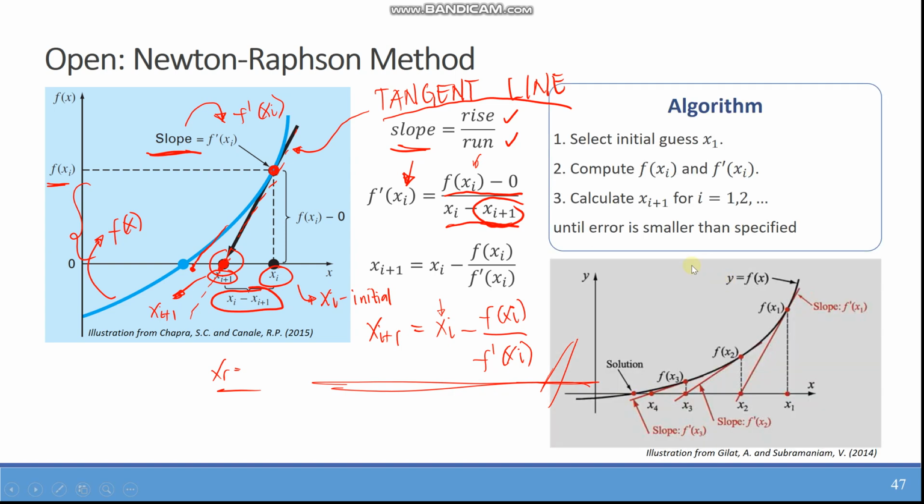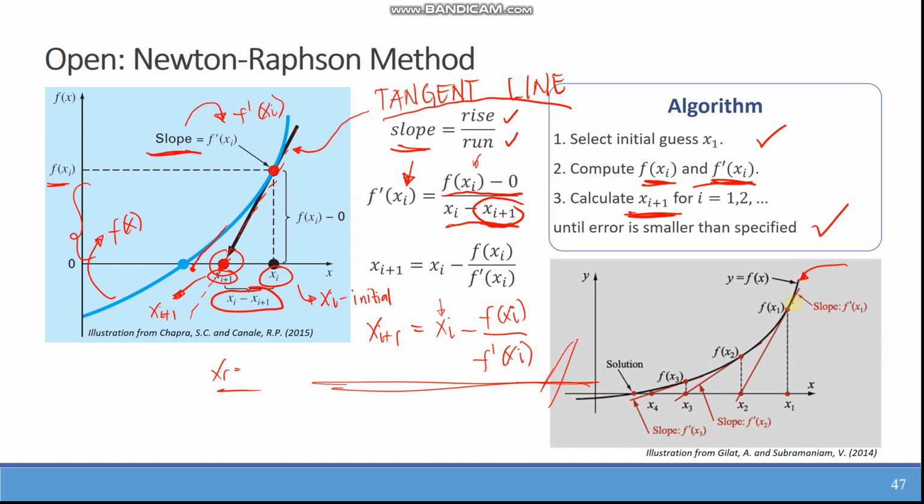So that is the algorithm. You have the initial guess, and then compute for the function and the first derivative using your initial guess, and then you're able to calculate the second point, the third point, until you arrive at the specified criteria. So we have here a more detailed curve.